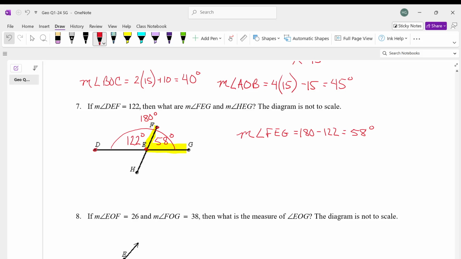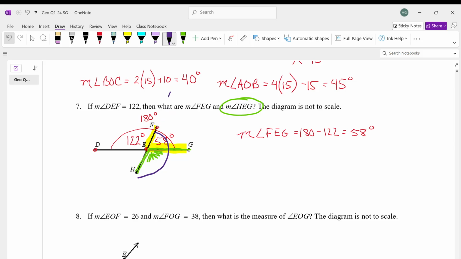And now we need the measure of angle HEG. Well, let's look at HEG. Start at H, we go to E again, and then out here to G. So it's this angle right in here. And don't these two, let's use this purple color maybe, don't these two now form a straight line?